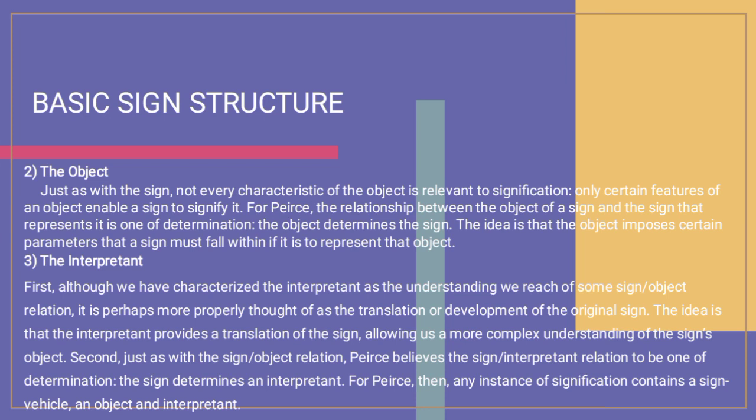Number 2, the object. Just as with the sign, not every characteristic of the object is relevant to signification. Only certain features of an object enable a sign to signify it. For Peirce, the relationship between the object of a sign and the sign that represents it is one of determination. The object determines the sign. The idea is that the object imposes certain parameters that a sign must fall within if it is to represent that object.